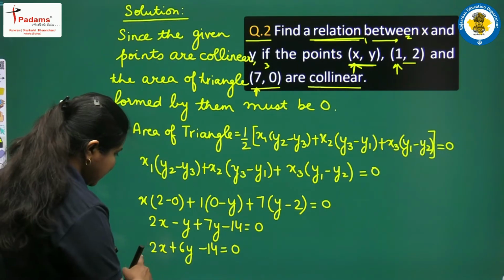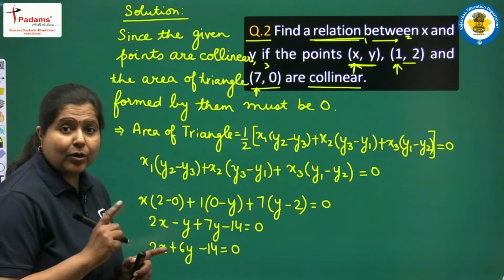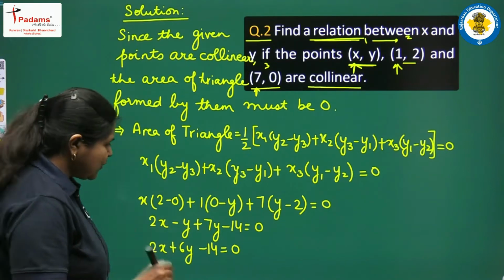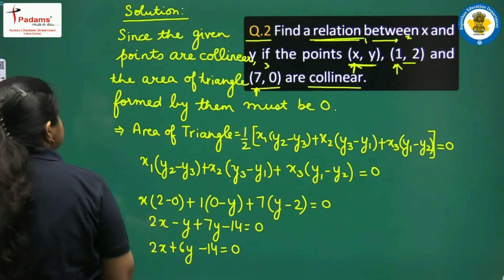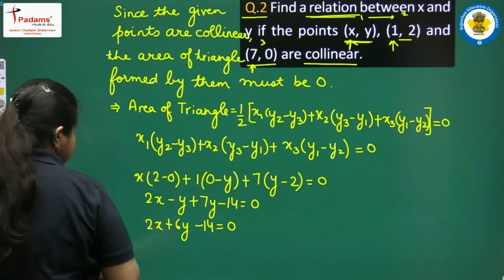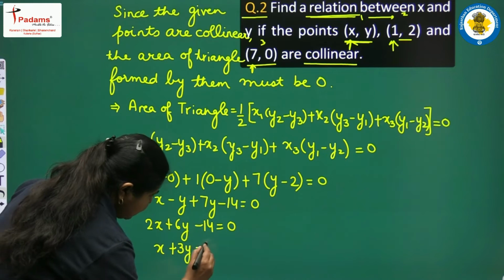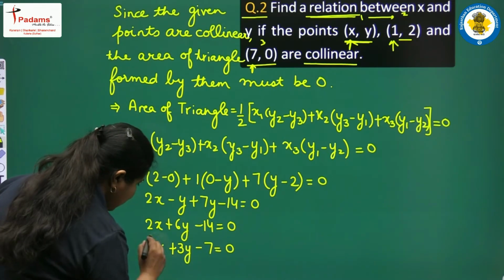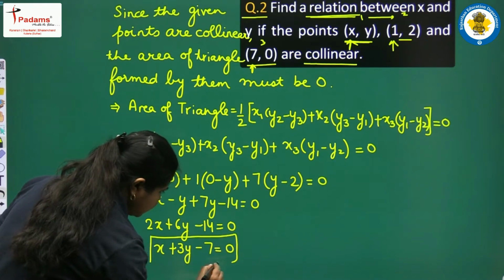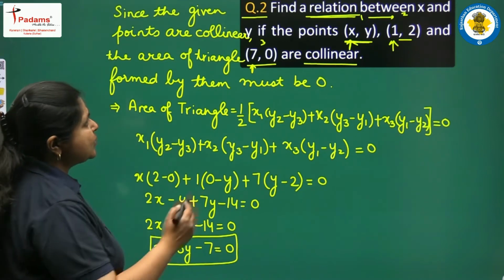Now you will see that 2, 6 and 14, all the three are divisible by 2. So we can divide this equation by 2 and in doing so we will get it as x plus 3y minus 7 equal to 0. And this is the required relation between x and y. यही तो पूछा था.